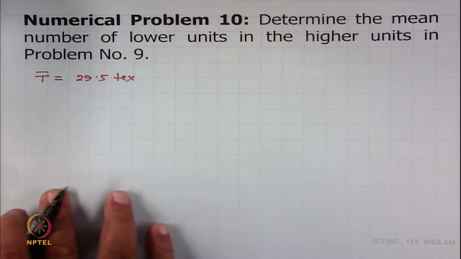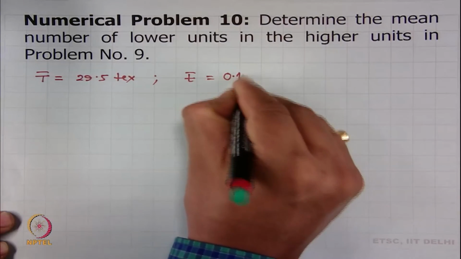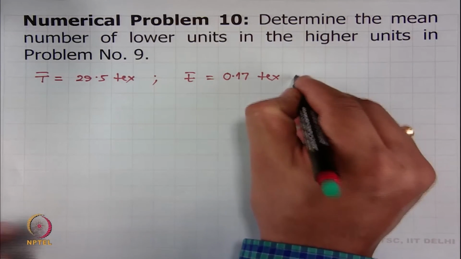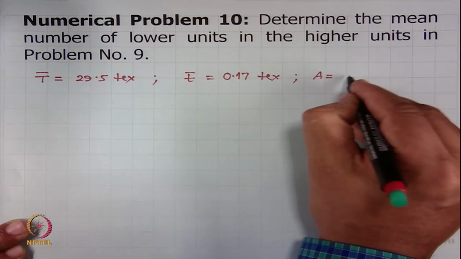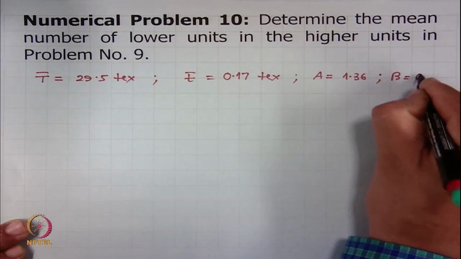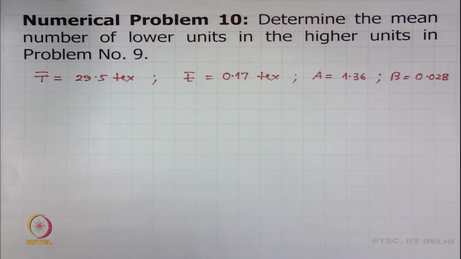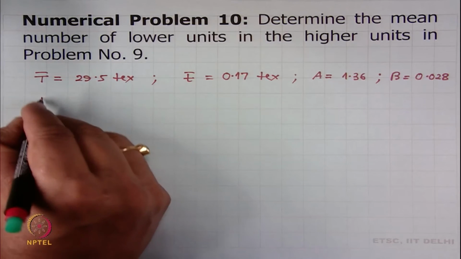This was given and also A and B given. Right. Now, we use Poissonian sliver.